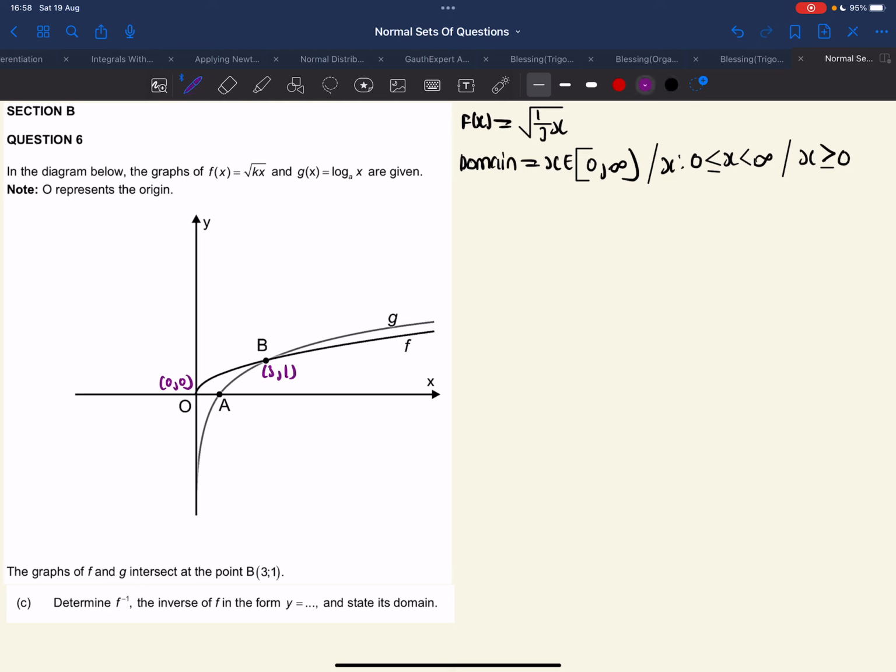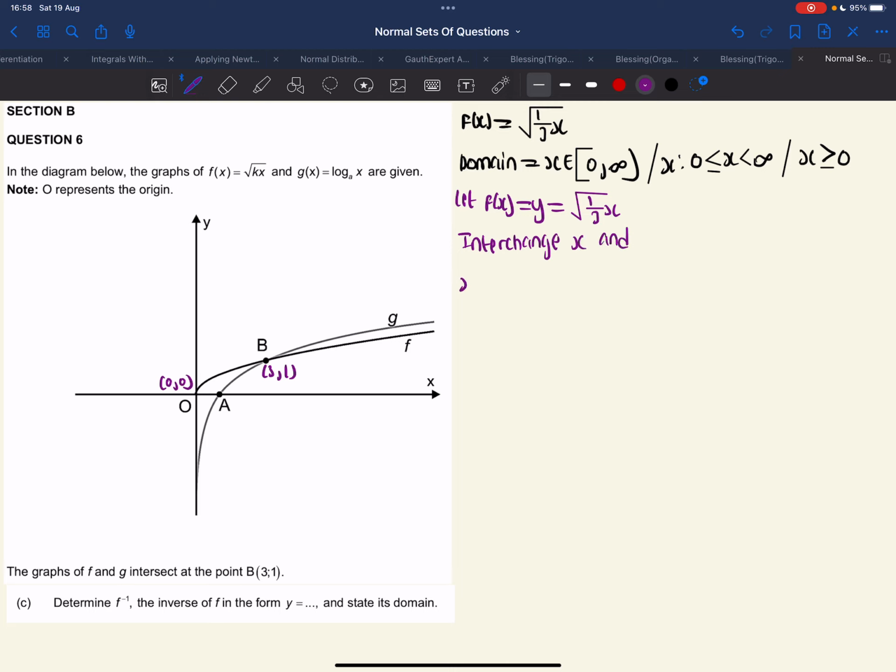Now, for you to actually do the inverse, you're going to have to say let f of x equal y equals the square root of 1 over 3x. Then you're going to interchange x and y.